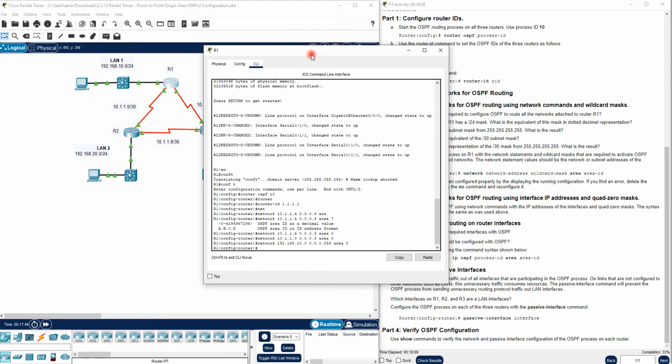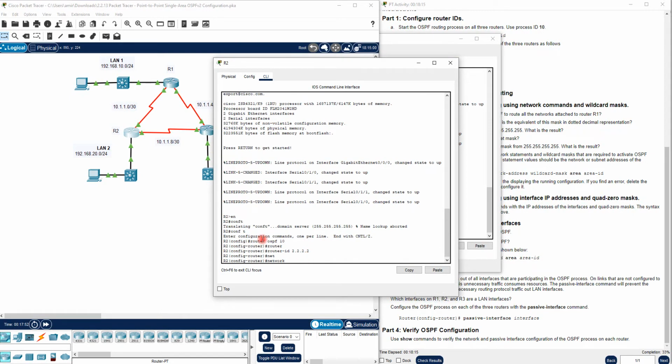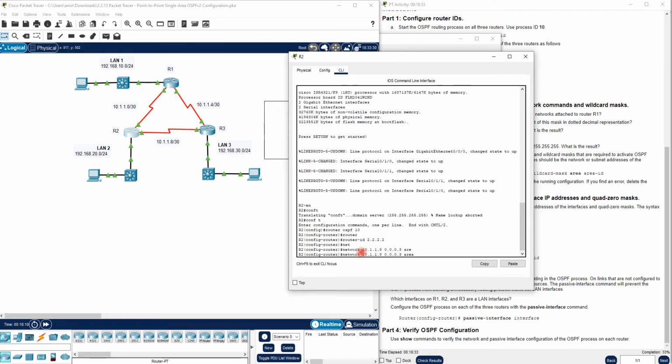And we should also go to router 2 and write here network. Which network is connected to router 2? 10.1.1.8, connected between router 3 and router 2, I mean. The wildcard mask is the same, and the area is 0.